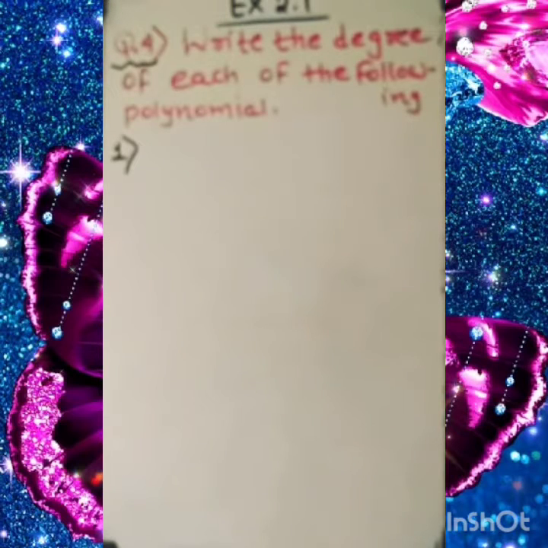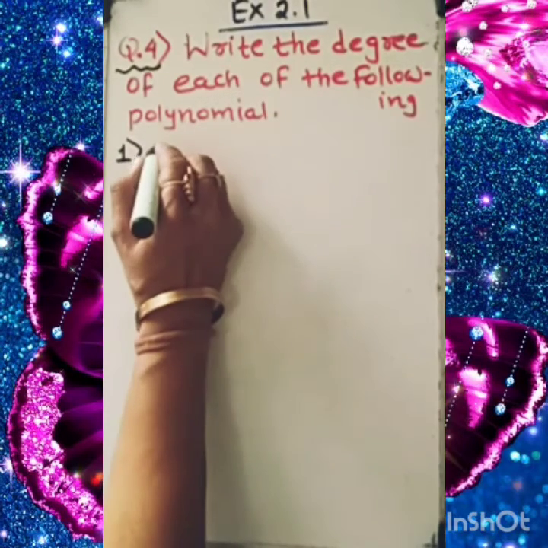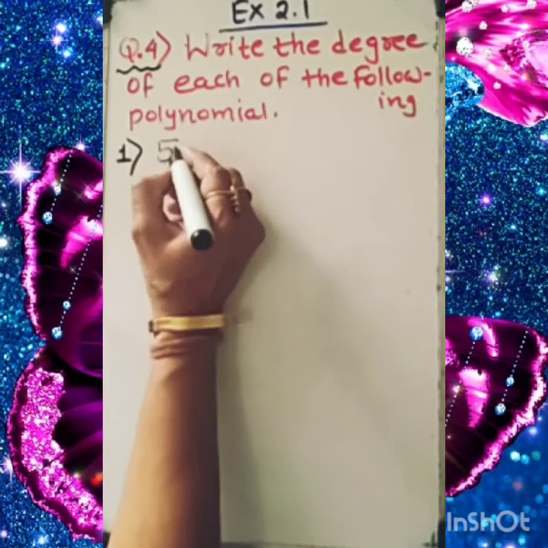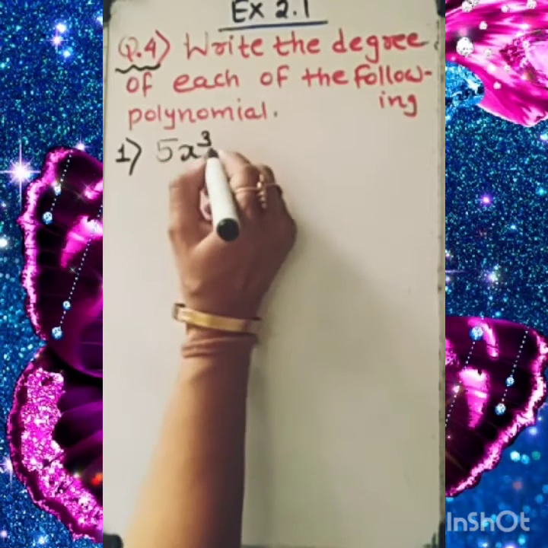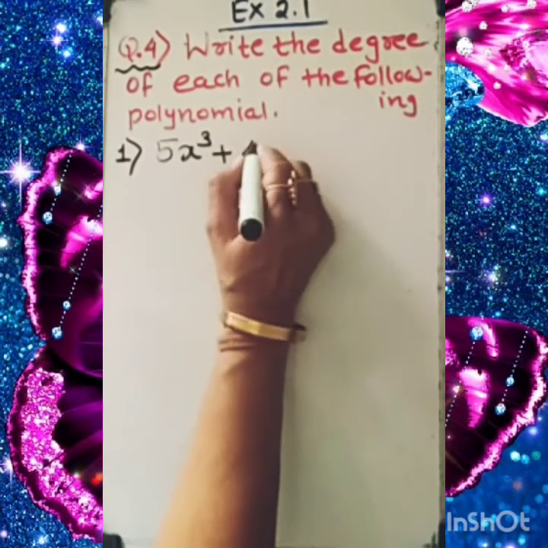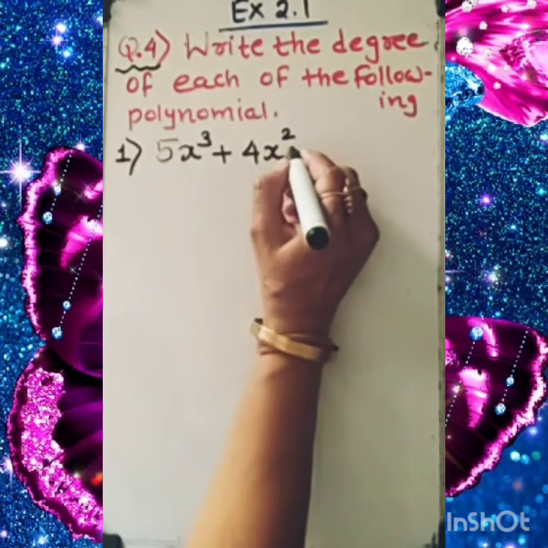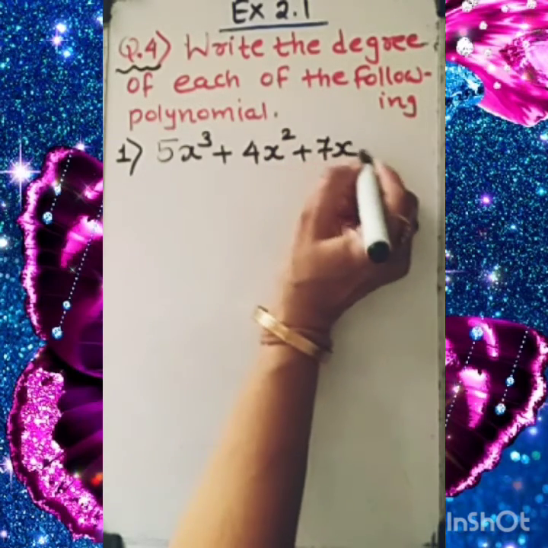As we know, dear student, degree indicates the highest power. Exercise 2.1, question number 4. In that we are asked to write the degree of each of the following polynomials. Let's choose the first. We are given 5x cubed plus 4x squared plus 7. This is the question.